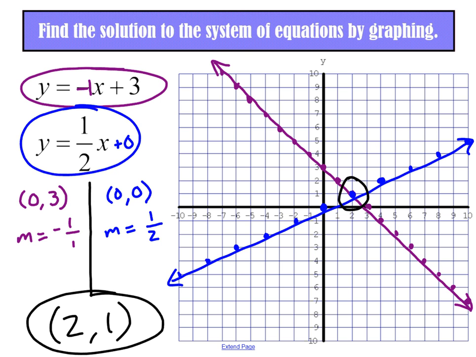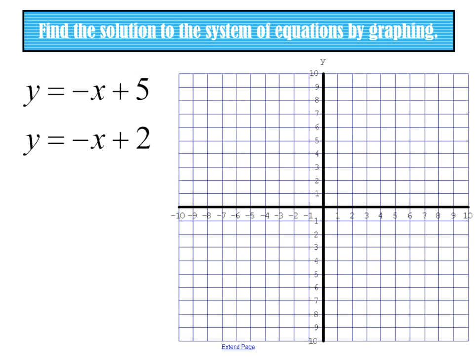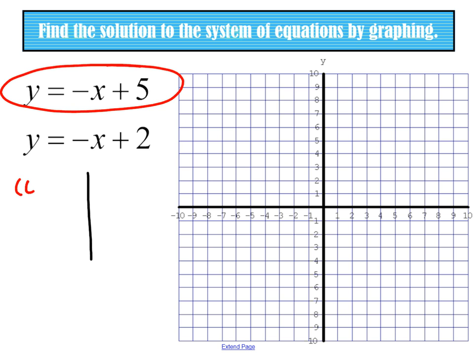So I'm going to go ahead, draw my line. We'll go red for my first equation. So my y-intercept is going to be 0, comma 5. And my slope on this one is that negative 1 again. So I'm going to write that as negative 1, but it's not a fraction, so I make it 1 by just putting it over 1.